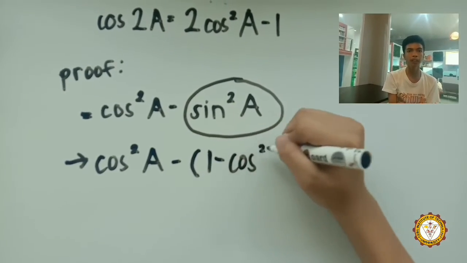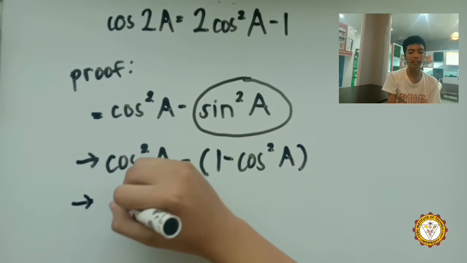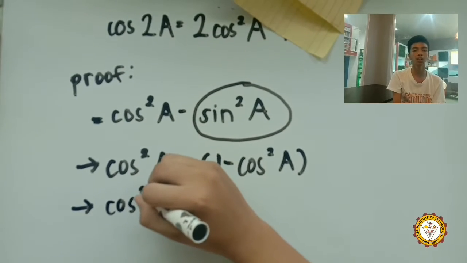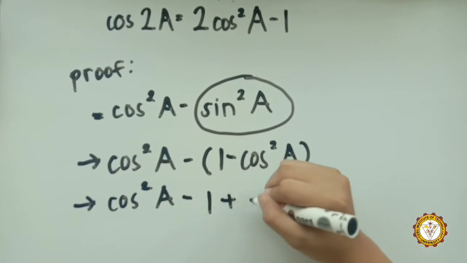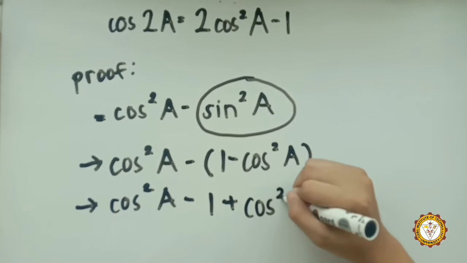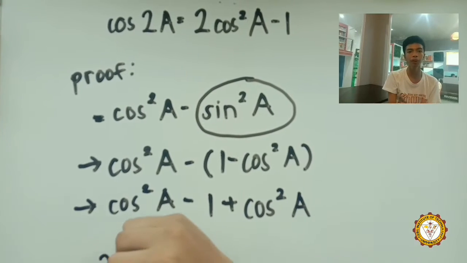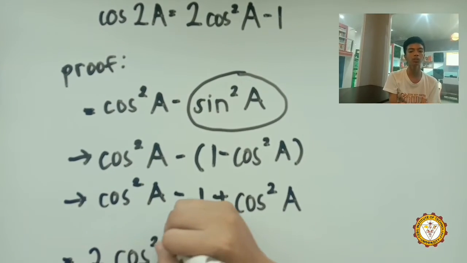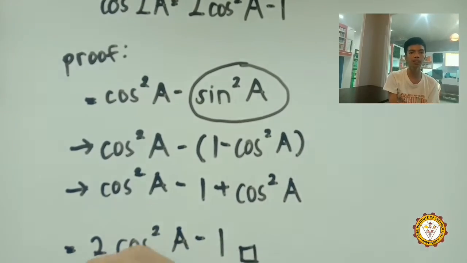We're going to distribute the negative sign to both terms. Cos squared A minus 1 plus cos squared A. We're going to simplify, so it will be equivalent to 2 cos squared A minus 1. So the last formula is proven.